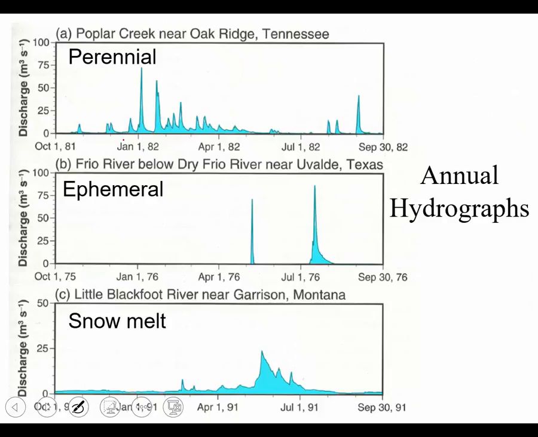Now, if we look at the source of water in a perennial river, for most of the year it's groundwater, base flow. Those little spikes are the rains. An ephemeral river, it's an influent river. There's no groundwater base flow. So we have rain, and then it soaks dry.